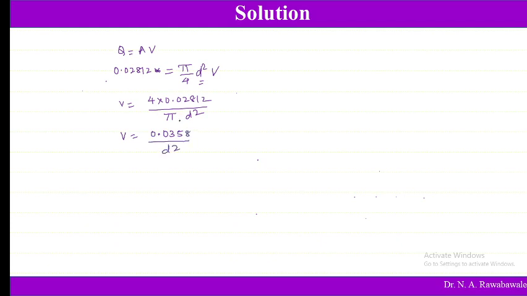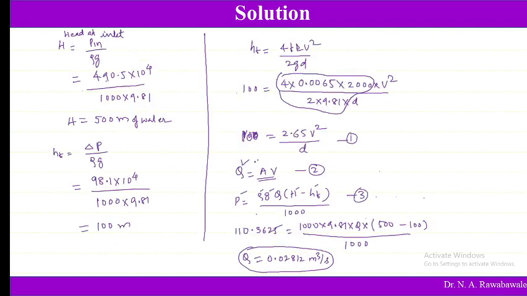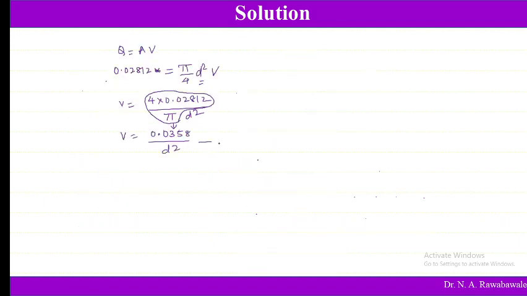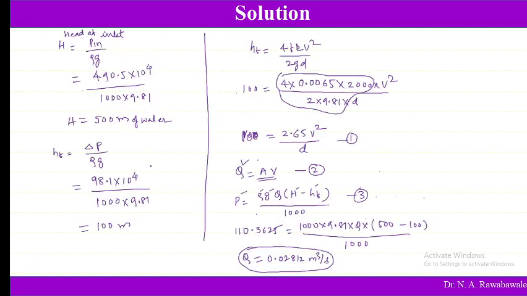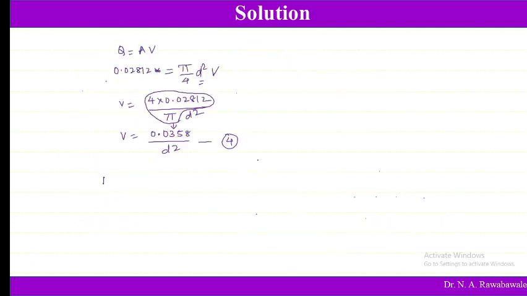If we simplify these constant terms, we get 0.03258 divided by d square. We call this equation number 4. So substituting this value of v from equation number 4 in equation number 1. What is equation number 1? 100 is equal to 2.65 v square divided by d.